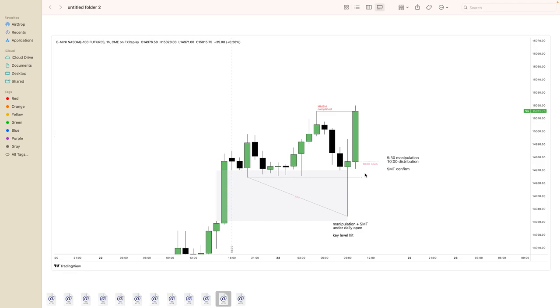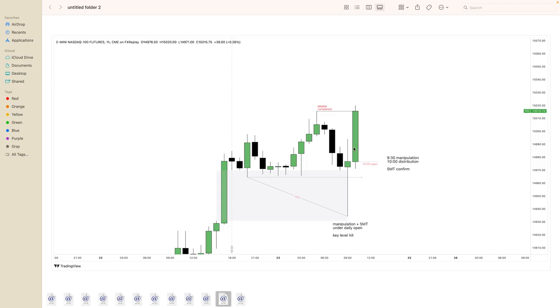This stack of lows. So 9:30, we manipulate this low with SMT. So into a 4-hour, these lows are a 4-hour fair value gap, but I just drew this 1 hour fair value gap. So manipulation plus SMT under daily open. This creates the daily wick. So now we can kind of match this wick almost.